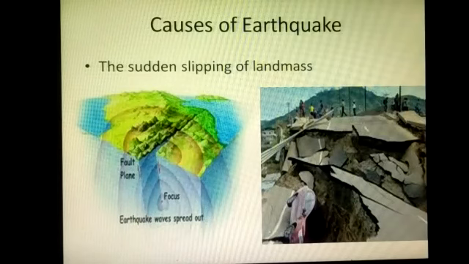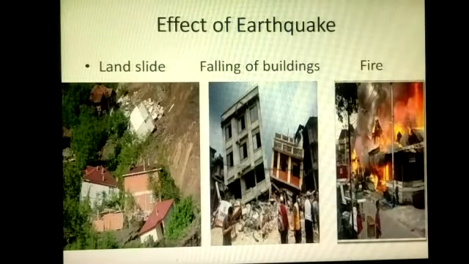Now let us see the effects of earthquakes. Earthquakes may cause changes in the earth's surface. Vibrations cause landslides in mountain regions.